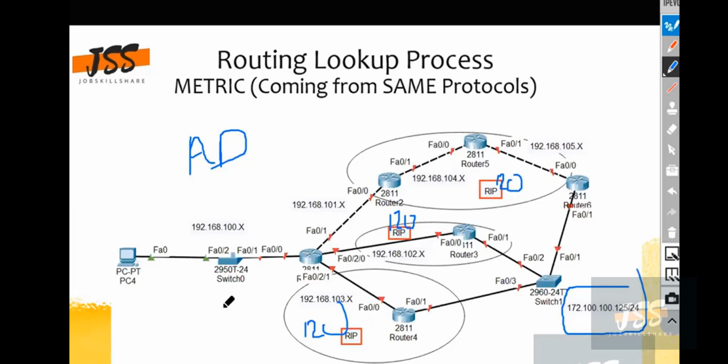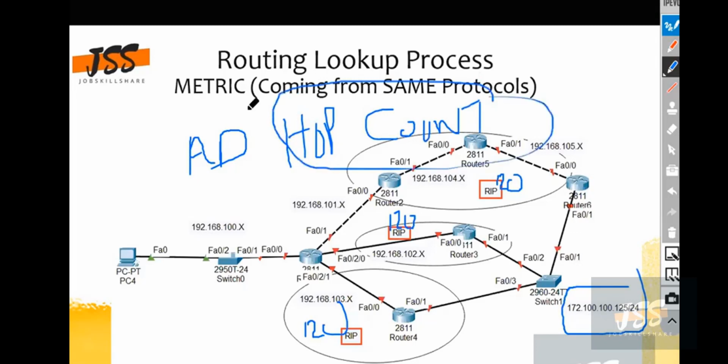If we are using the same protocol, we're going to use the metric. Yes. And what is the metric for RIP? Is it the hop count? Hop count. So AD will be ignored. Now hop count will come into play, and you know what hop count is.